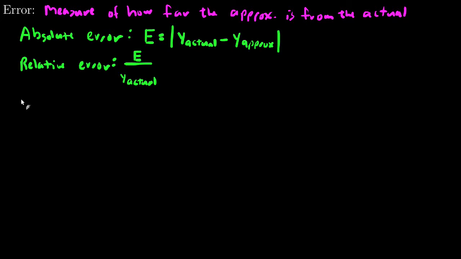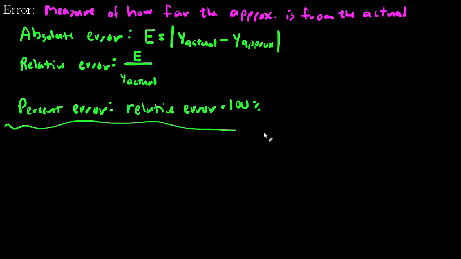But some people prefer percent, so percent error is basically just taking the relative error and converting it into a percent by multiplying by 100%. And so this is error.